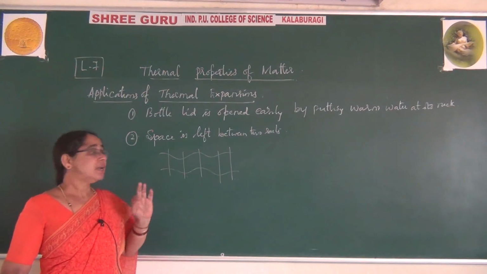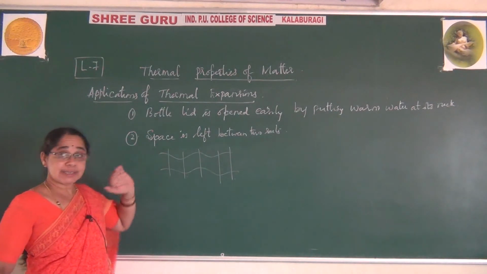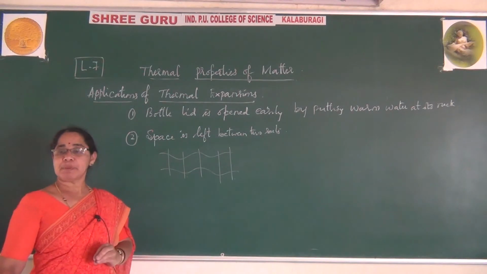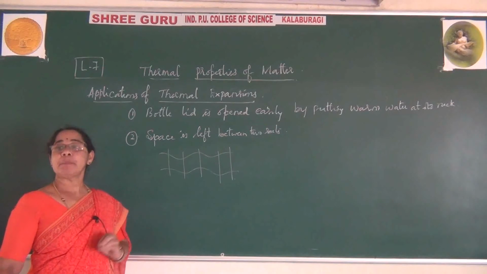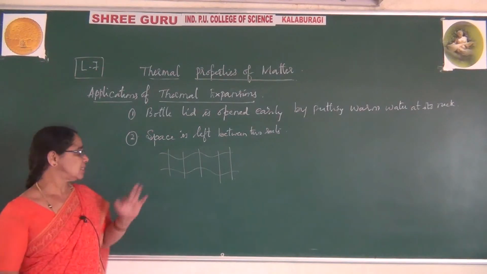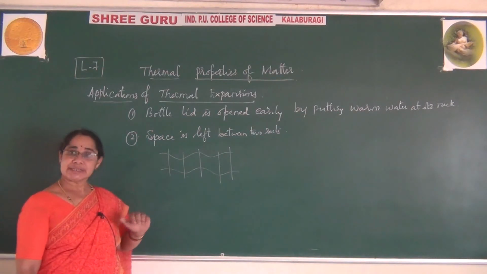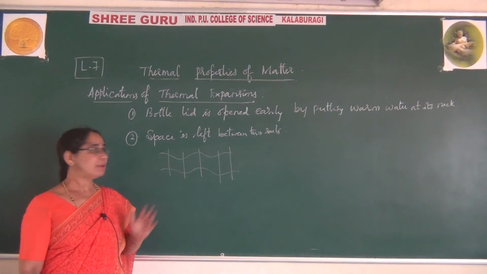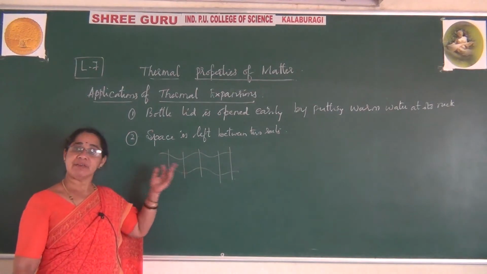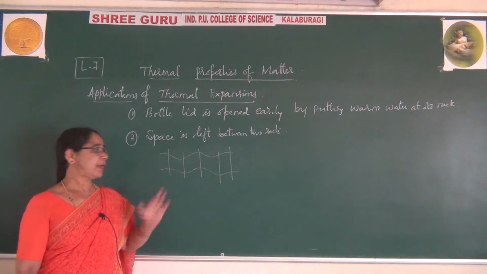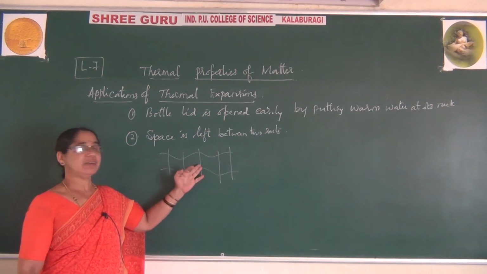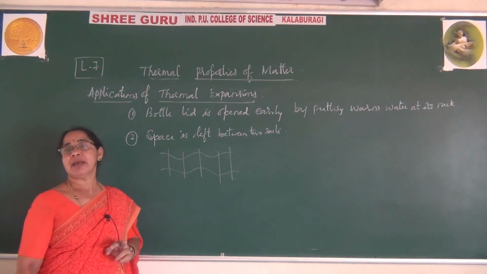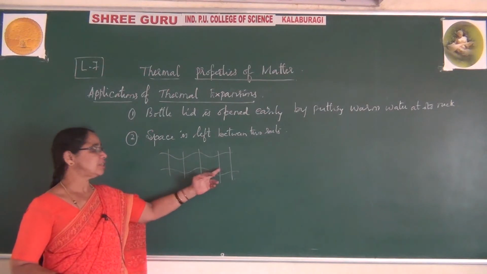Therefore, there is always a space between the two rails, and that space is filled with fish plates, by which the rails are attached. Hence during summer, even if it expands, there is no problem. At the same time, during winter, even if it contracts, the fish plates are arranged in such a way between the two rails, with a space left between them, and they are joined using fish plates.